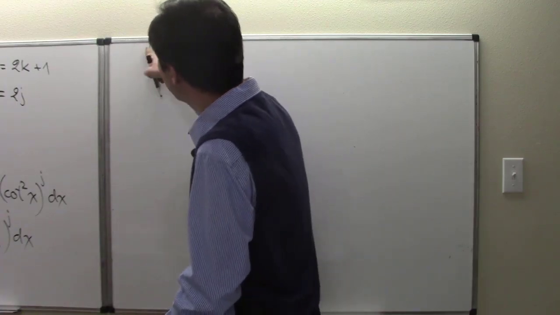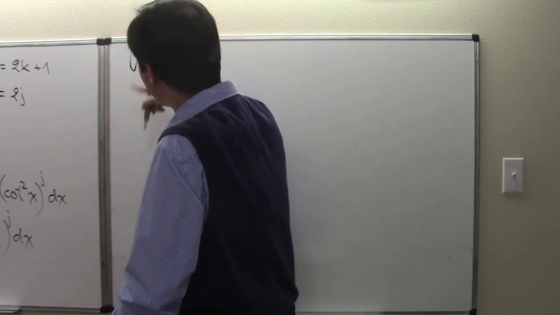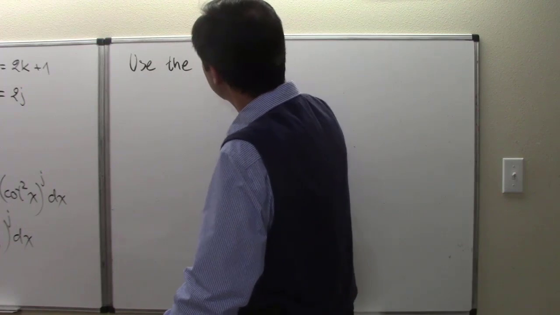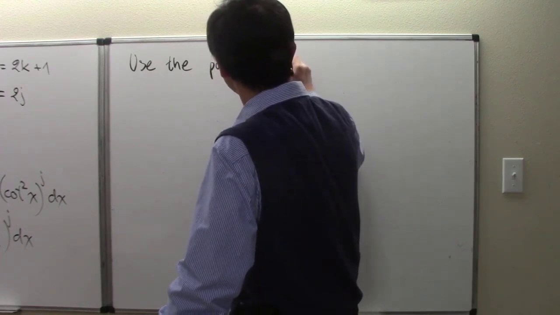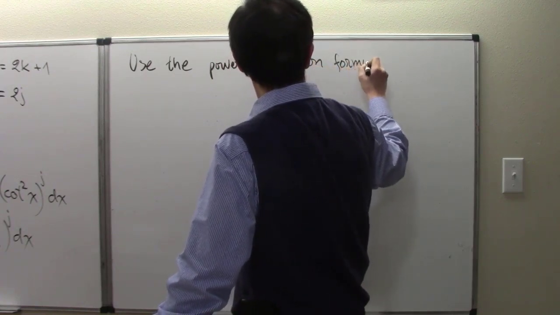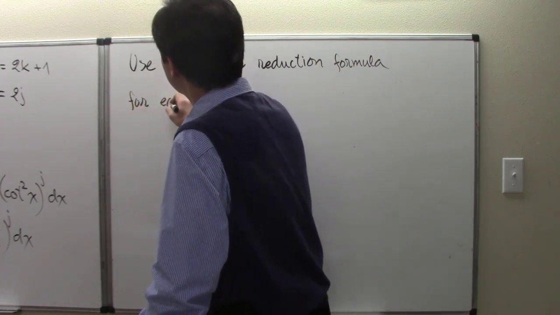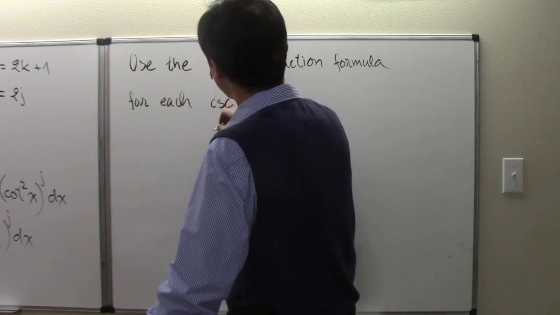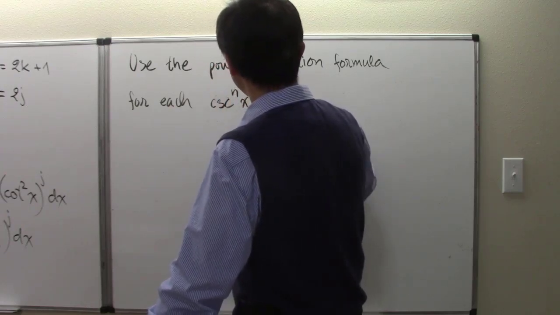As a guided suggestion, it's most effective, at least in my experience, to use the power reduction formula for each cosecant to the n of x term like that.